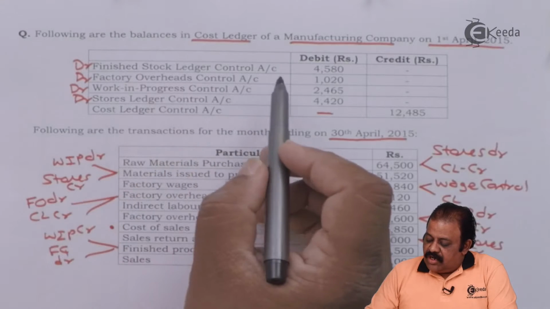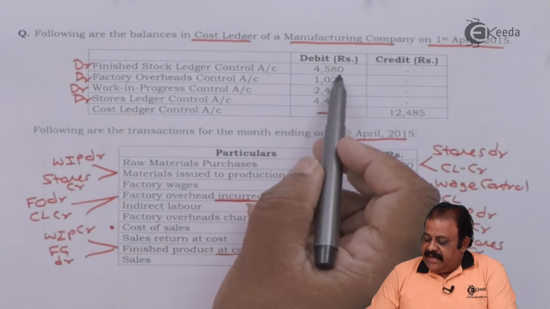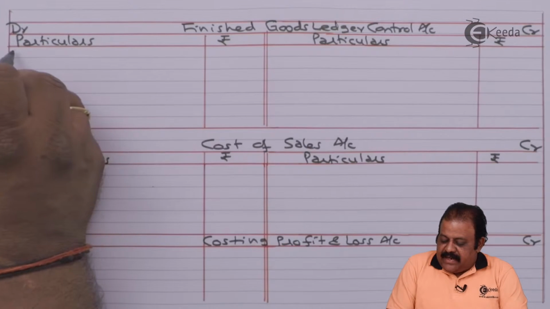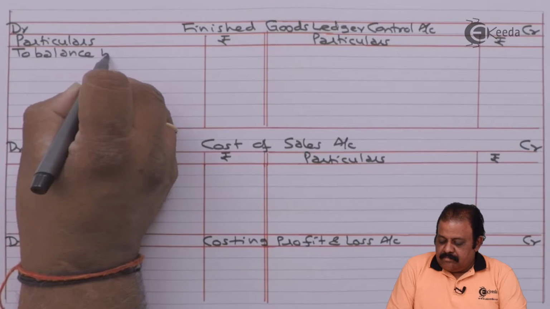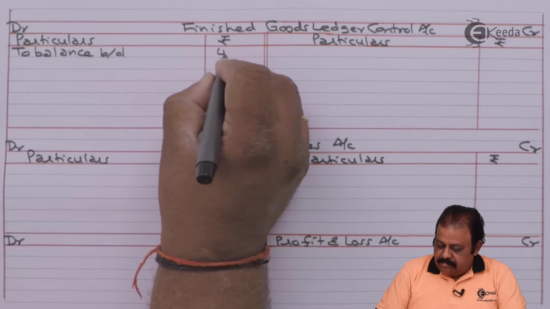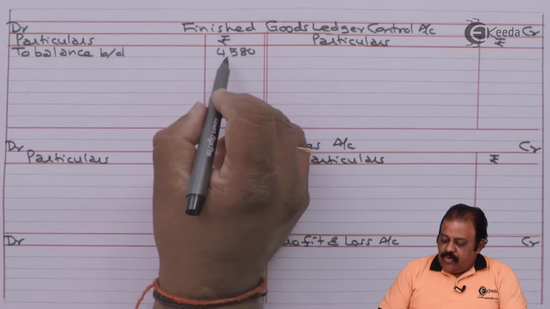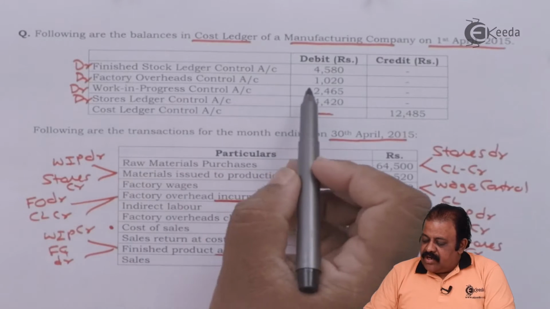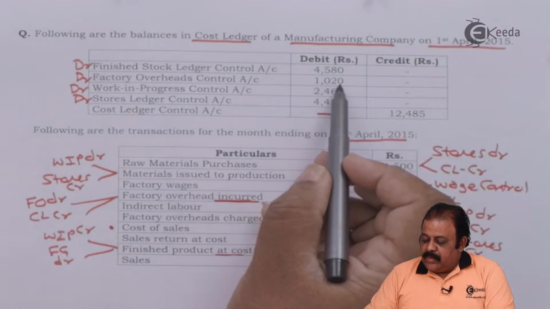Finished stock ledger control account, opening debit balance 4,580. In the finished goods ledger control account, on the debit side this will be recorded to balance brought down 4,580. Factory overheads control account, debit balance 1,020.